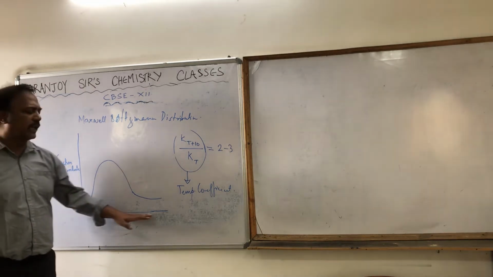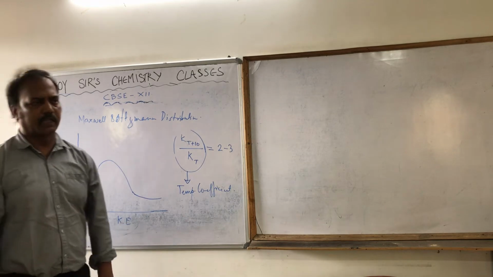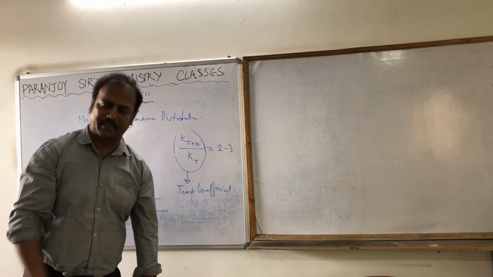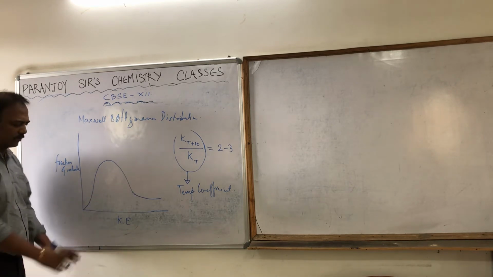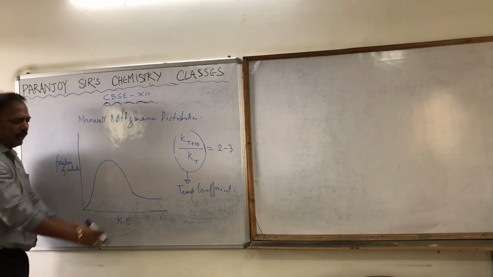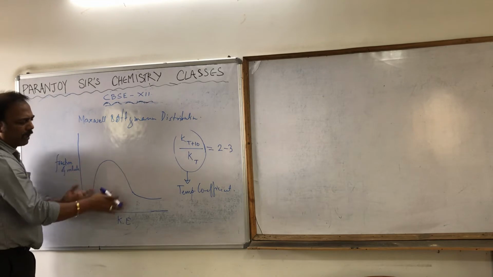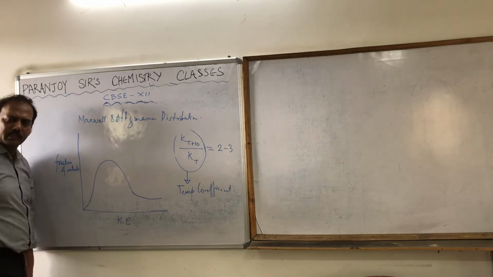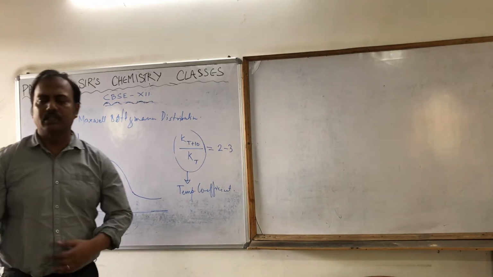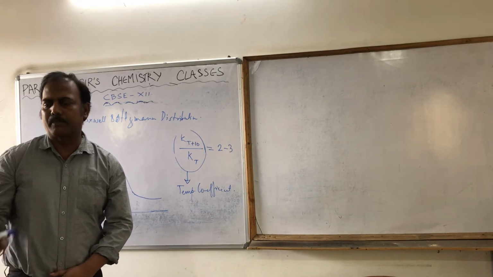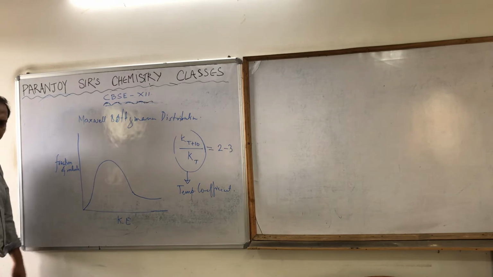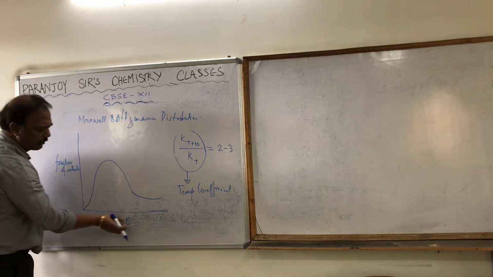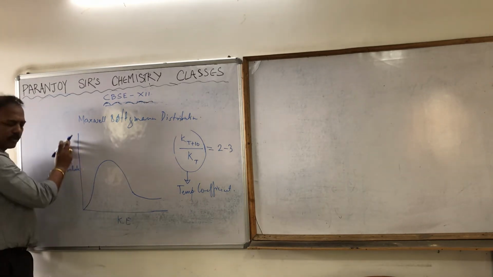Now I am plotting kinetic energy over here. Forget about kinetic energy, let's come back to the test. This is the number of students getting marks. Very few are less, very few are high, most of them are in the average zone. Clear? Now there is a pass mark in the test. Suppose the pass mark is 30. Here we are plotting the pass mark, here the fraction of students.